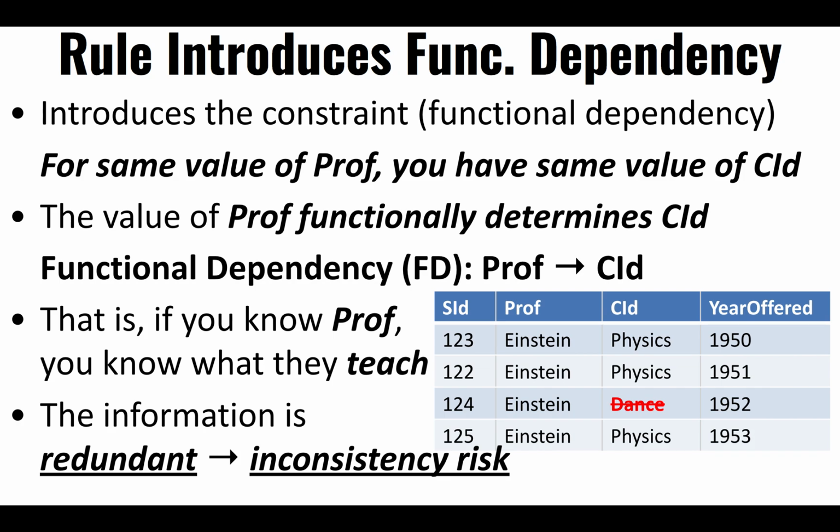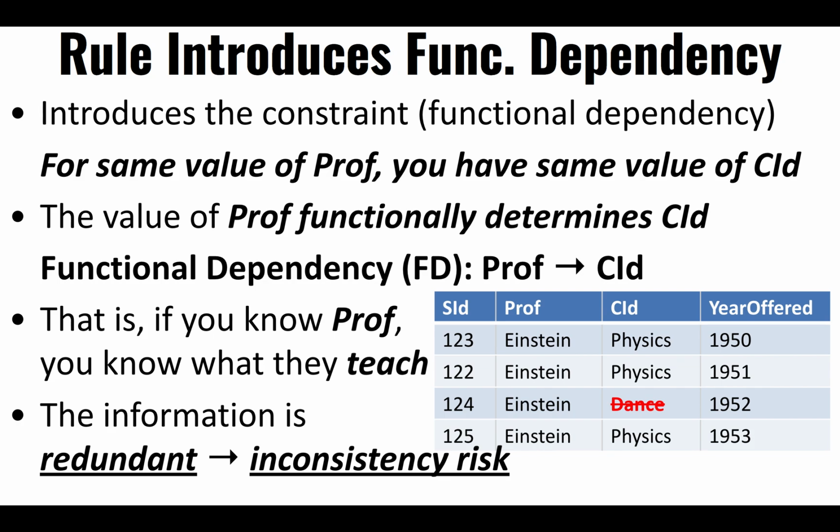So now, the redundancy that was added by this new rule gives me a challenge of how I enforce this problem. How do I enforce the fact that they can only teach physics? There's no way to enforce it.